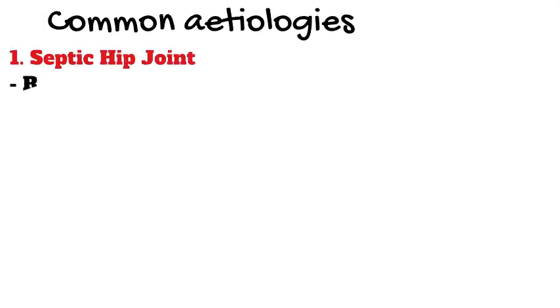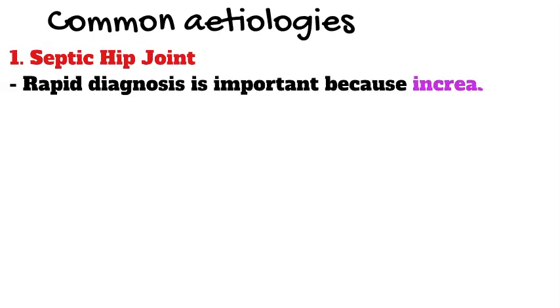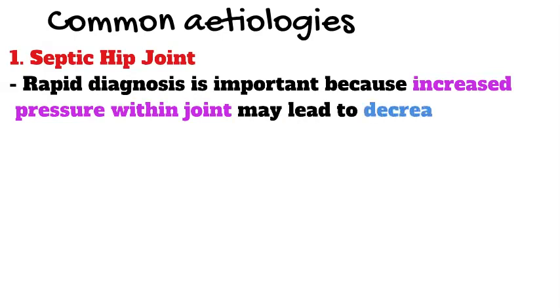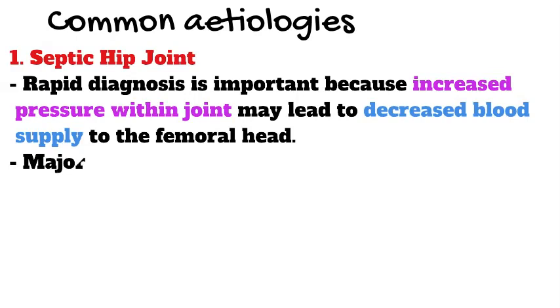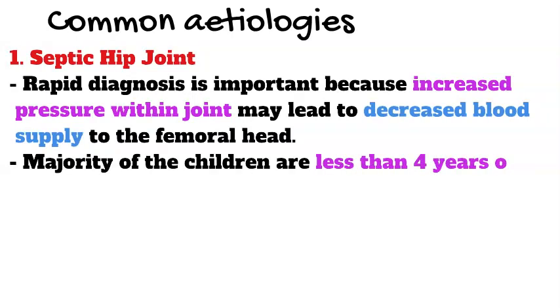Common etiologies. Number 1. Septic hip joint. Rapid diagnosis is important because increased pressure within the joint may lead to decreased blood supply to the femoral head. The majority of the children are less than 4 years old.